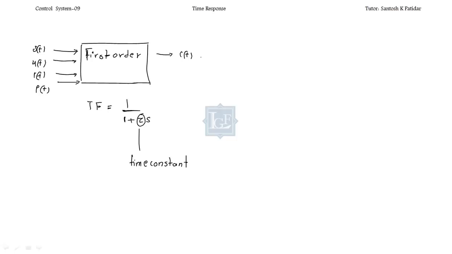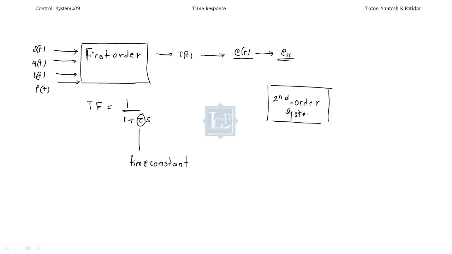Then we also saw the steady state errors in the last class. Is it okay? Today we'll do the same thing for the second order system. We'll apply all these inputs to the second order system also and get the output for different inputs.